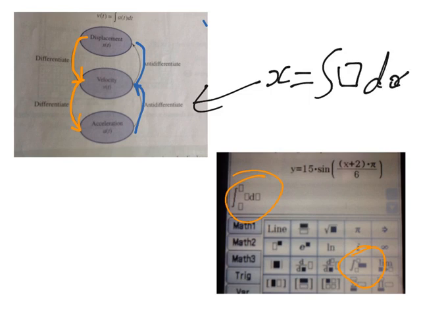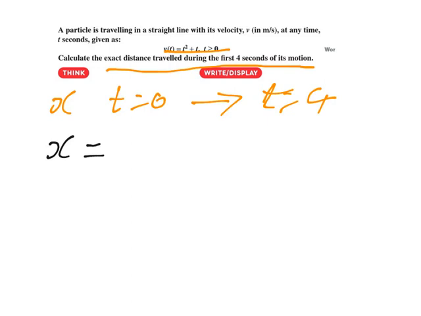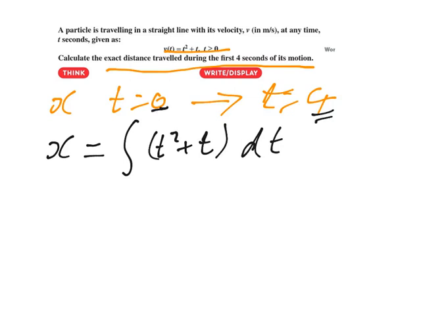So the antiderivative of the velocity, not with respect to x, what I'm talking about, it's with respect to time. So here on this one, it's the antiderivative of t squared plus t with respect to time, and it's from 0 to 4.